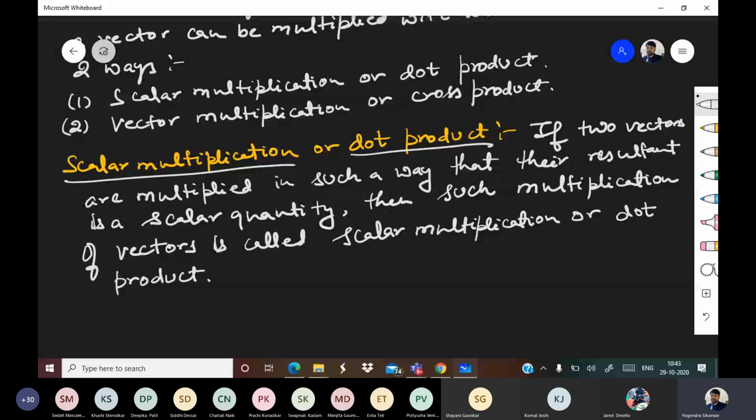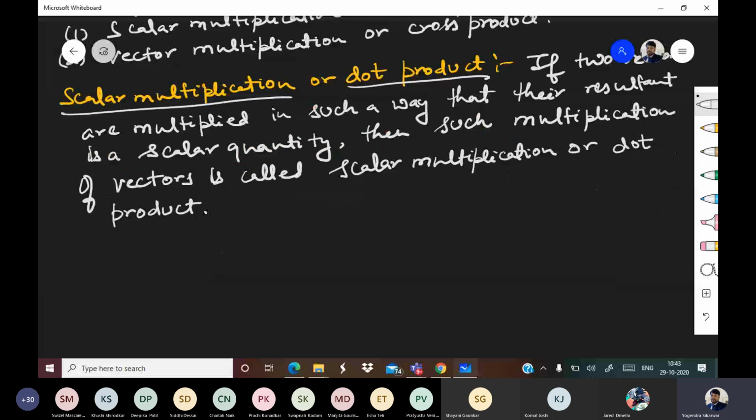Why we are calling it dot product, you will get to know just now. Suppose you have two vectors, A vector and B vector, and this is the angle between them. A vector dot B vector. Because of this dot symbol which we are using, it is called dot product.